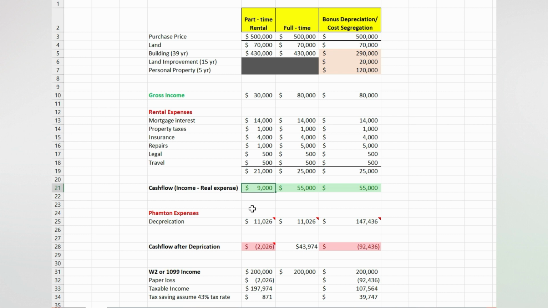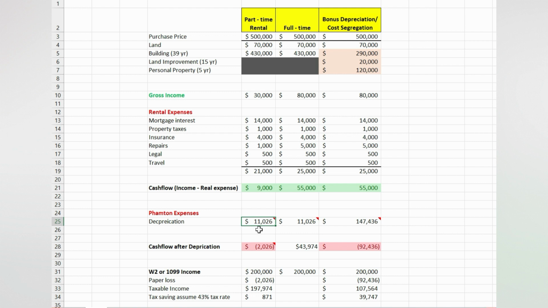Now we take into account our phantom expense of depreciation. And if you recall, we are able to calculate our depreciation by taking our building costs. In this example is $430,000 divided by 39. As you recall, the IRS attributes a 39-year useful life to commercial properties, short-term rentals.